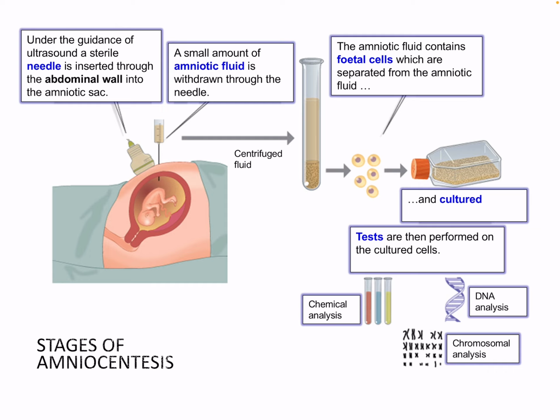That sample is then centrifuged, which means it's spun round at very, very high speed. That causes all of the fetal cells to sink to the bottom. The fetal cells are then separated from the amniotic fluid and they are then cultured till there's a significant number of them. And then tests can be performed on the cultured cells. They can undergo DNA analysis to produce a karyotype for chromosomal analysis, and chemical analysis can also be carried out.